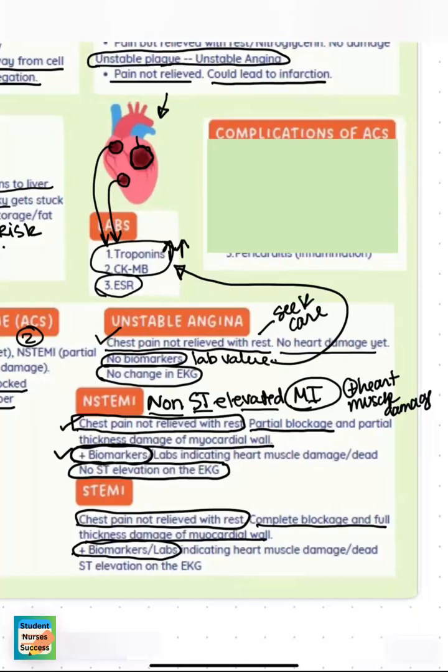In addition, on your EKG, you will see the ST segment elevated, and that indicates there's ongoing myocardial ischemia. So for a STEMI, you have the chest pain not relieved with rest, the biomarkers, and the ST elevation. So the STEMI is the worst.